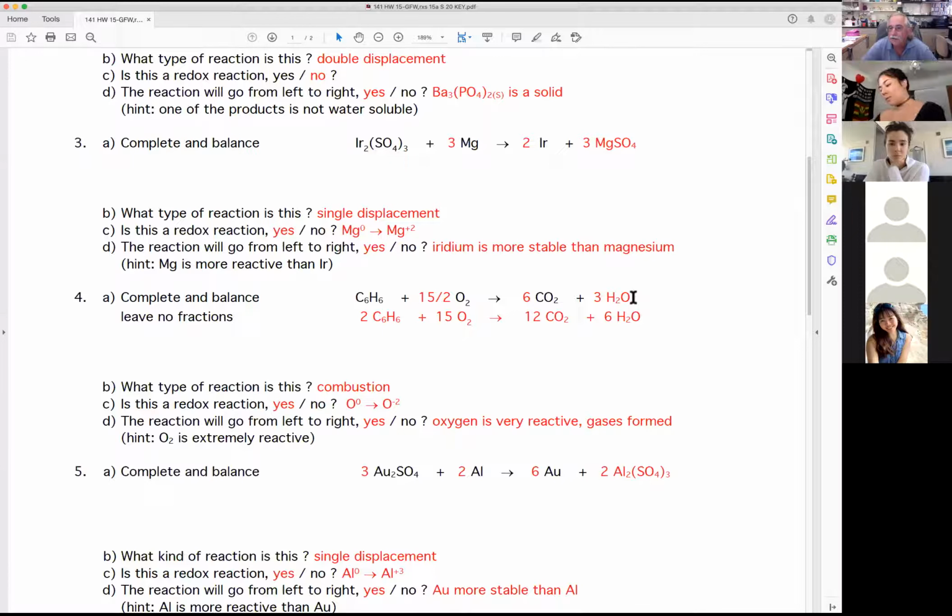That means that hydrogen would be what? +1. So what happened to oxygen then? It got reduced, right? What kind of a molecule reduced it? Maybe a reducing agent, which means that C6H6 is the reducing agent.